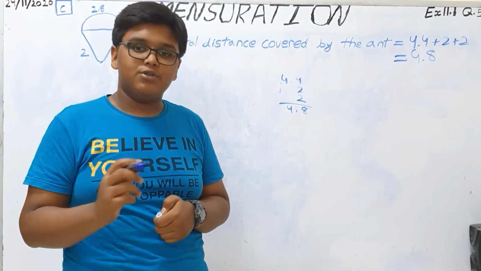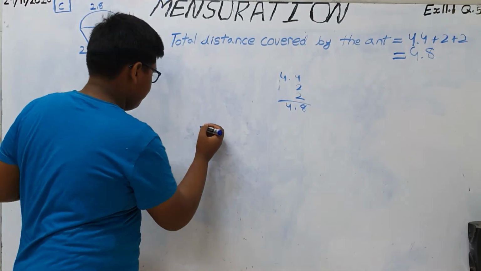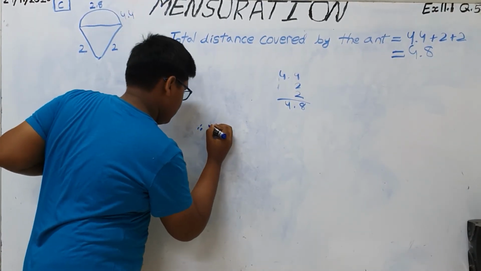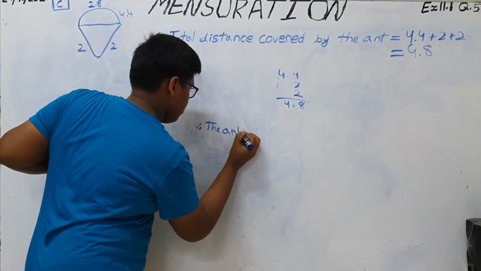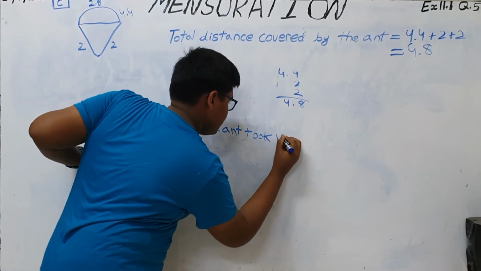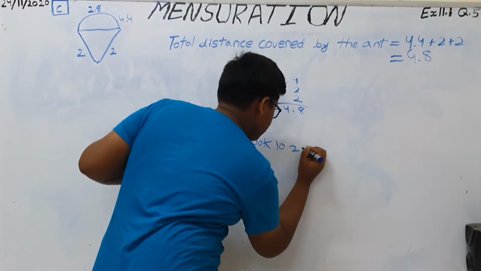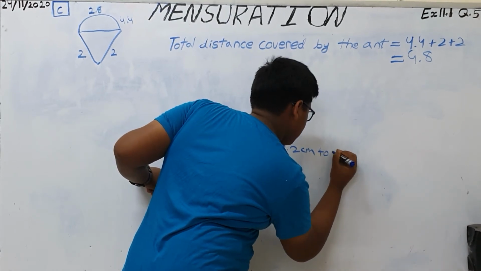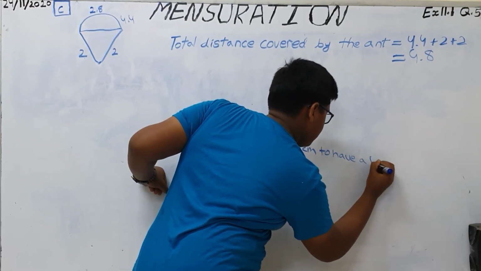It is 10.2, which is B. So therefore the ant took 10.2 centimeters, because it is the most, to have a longer round.